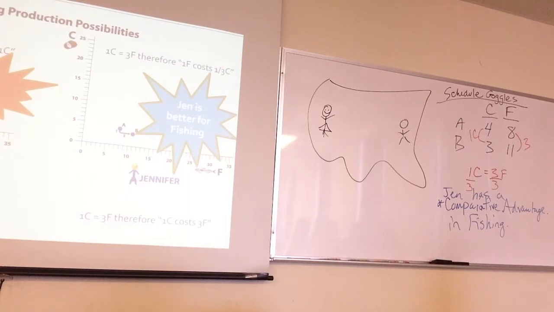Point E, oh wait, I do have a point I think in the graph. Point C would be at 16 and 0, maxing it out. I'm just kind of squeezing in our intuition here as far as the schedule. 16 and 0 is a production possibility for Tom. 8 and 8 is another production possibility. 4 and 12 is another production possibility.